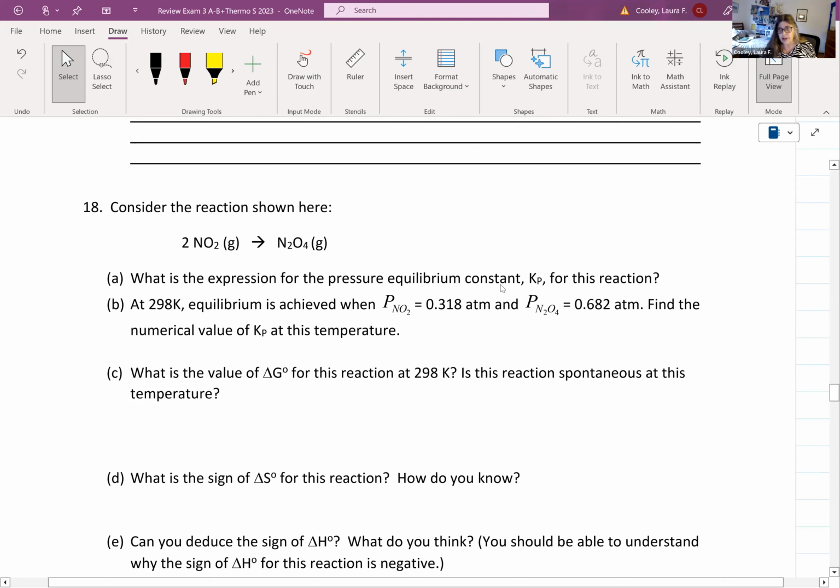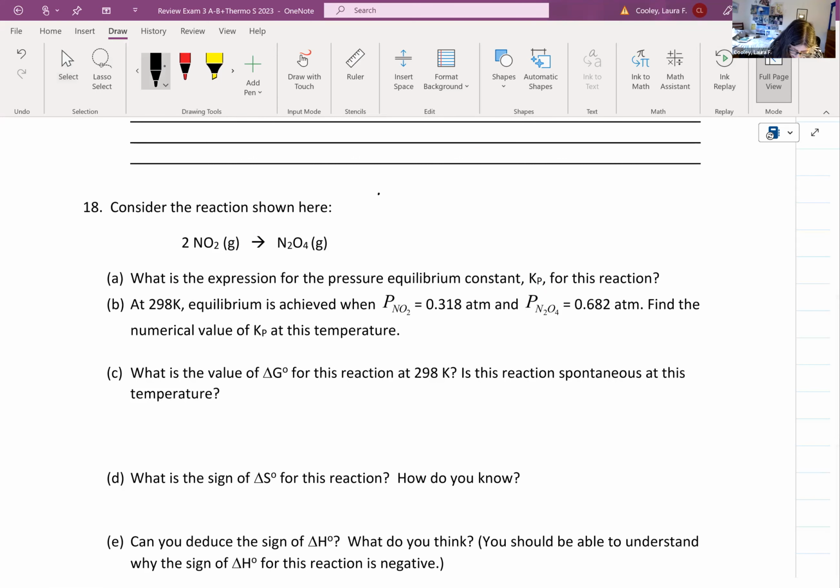All right, so the pressure equilibrium constant, Kp. What would that be? Well, it's products over reactants, don't forget. It's pressures because I'm asking you for the Kp, so that's the pressure of N2O4 over the pressure of NO2 squared.